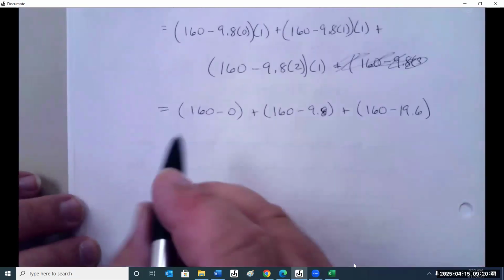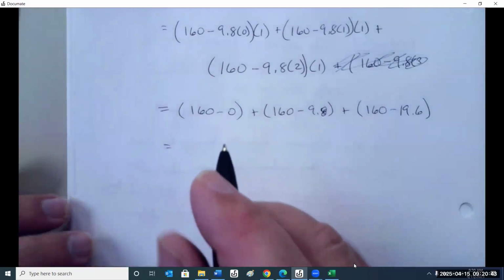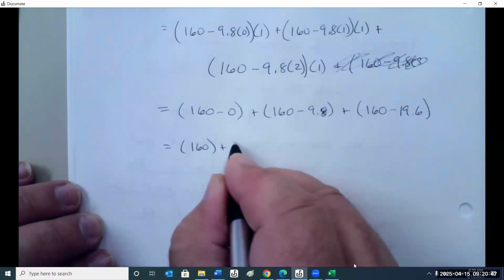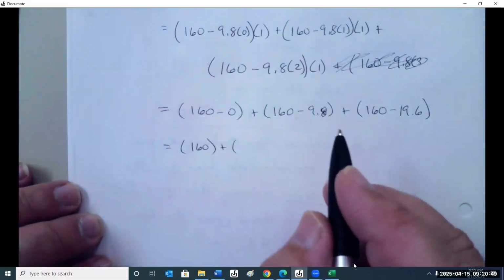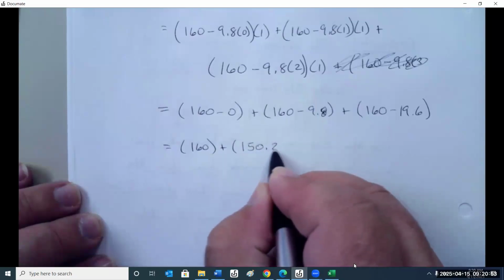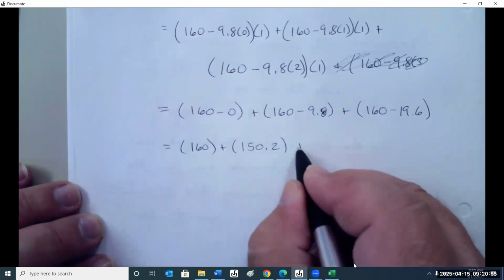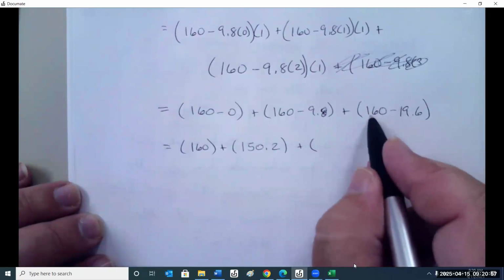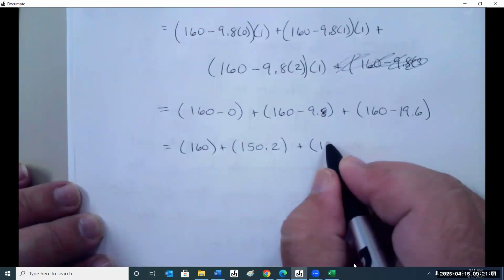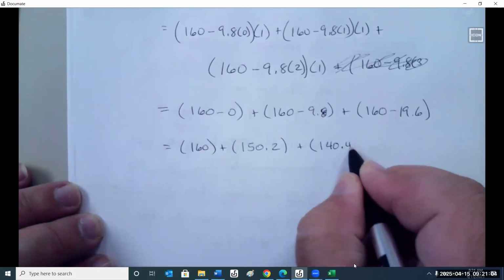So 160 minus 0 is 160. 160 minus 9.8 is 150.2. 160 minus 19.6 is 140.4.